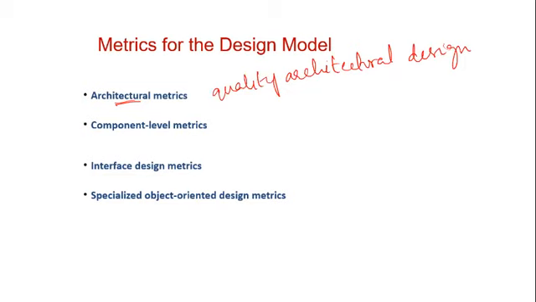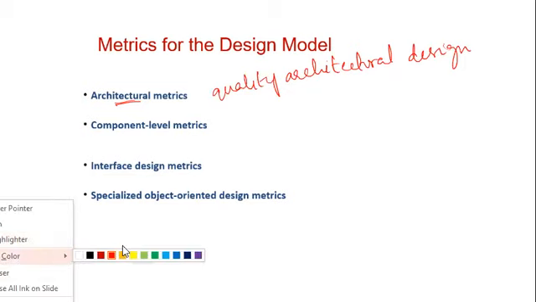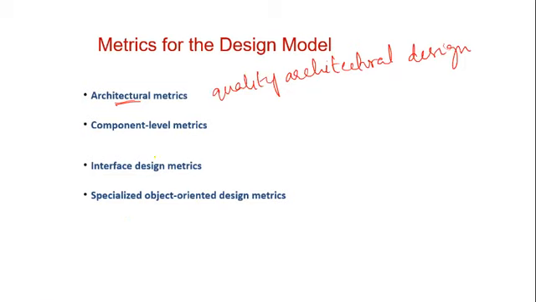Then the next one is your component level metric. Now this component level metric is going to measure the complexity of the software components and also of the different characteristics that are based on the quality.